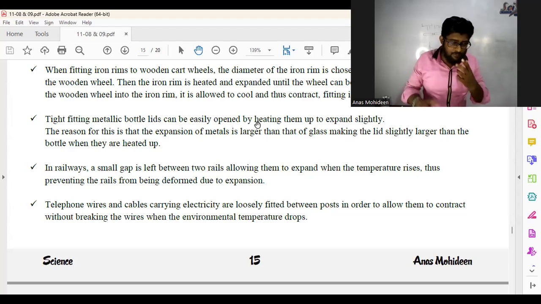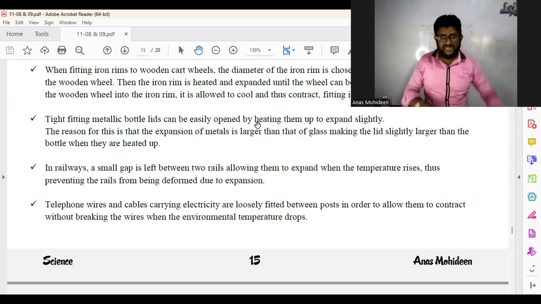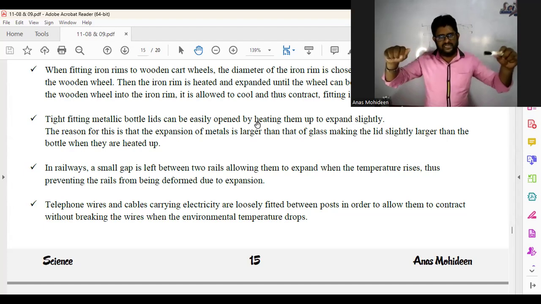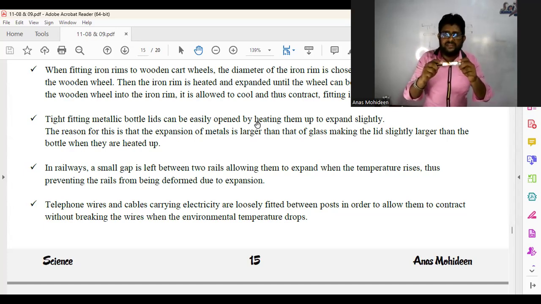But during the night time or during the cold time, they contract, right? So imagine they are already tightly fixed, with no hanging space. Now during the night and cold time, when they try to contract, they have no space to contract and come closer.